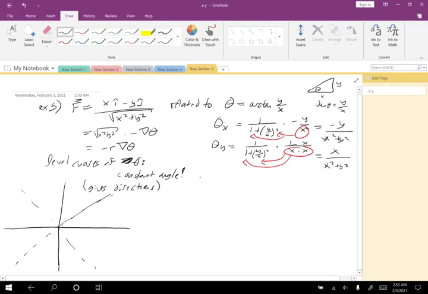So if theta increases, then minus theta decreases. So that means theta increases counterclockwise. So minus theta decreases counterclockwise. So that means minus theta increases clockwise. Okay, so if we look at the clockwise direction, that shows us where our vector field will point.